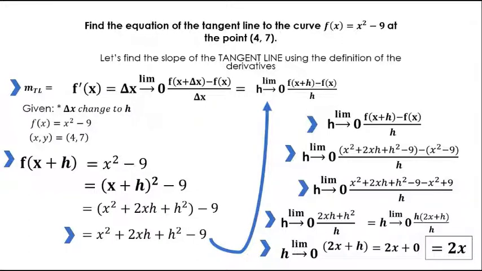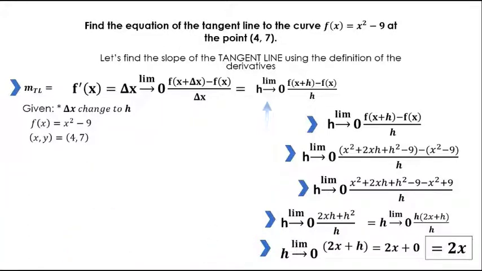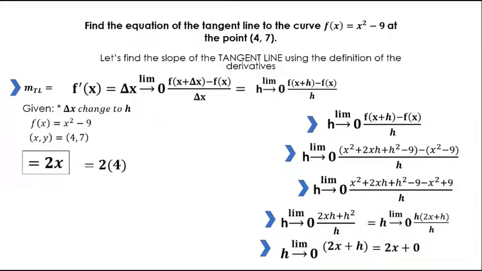Are we done? No, we are not done yet, because 2x is not the equation of the line. So let me erase some of the solutions in my PowerPoint. There you go. Thank you so much. Okay. What is 2x here? From your solution, you get your answer from using that one.